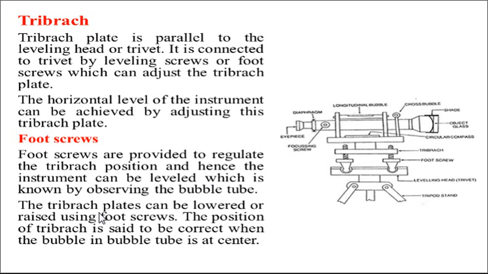The position of tribrach is said to be correct when the bubble in bubble tube is at center. So whatever this tribrach is there, by rotating this foot screw, it may be lowered or it may be moved in upward direction, and depending upon the position of this, the bubble will be at the center or it may not be at the center of its run.